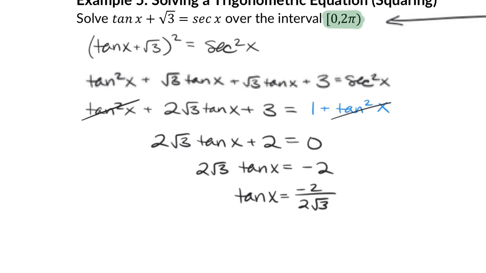Remember, our goal when it was linear was to get tangent of x by itself. Do you notice something here? We will have to rationalize, but what do you notice is on top and bottom here? Oh, 2 and 2. These cancel, they become 1. So this becomes negative 1 over square root 3, which, yes, I hate that. How would you really rewrite this?